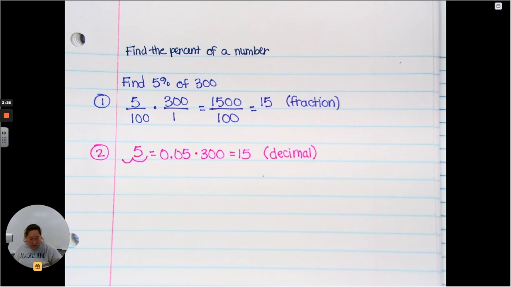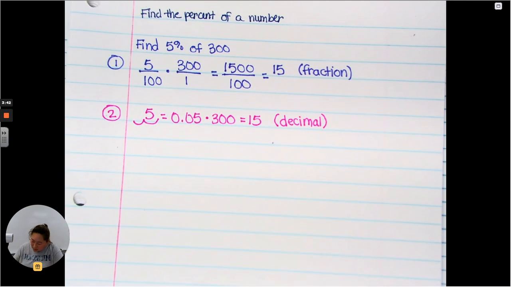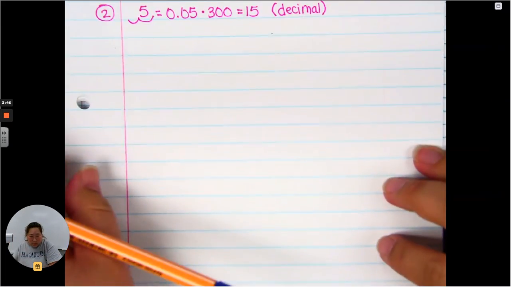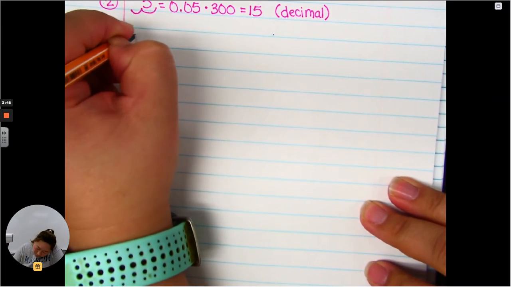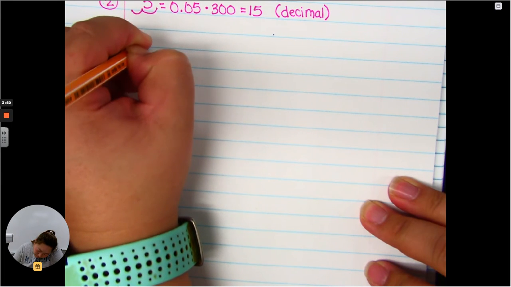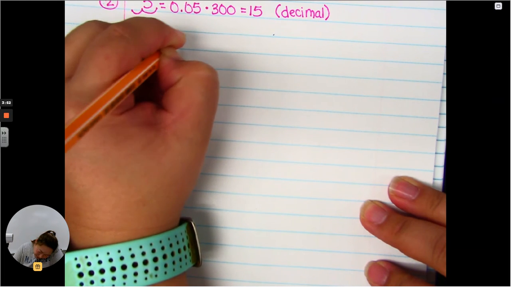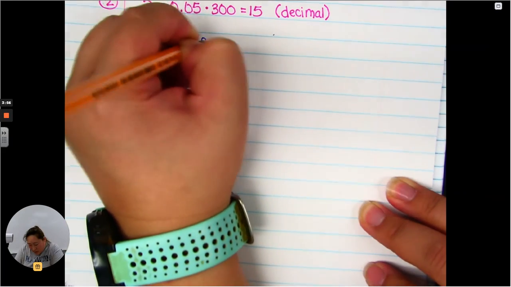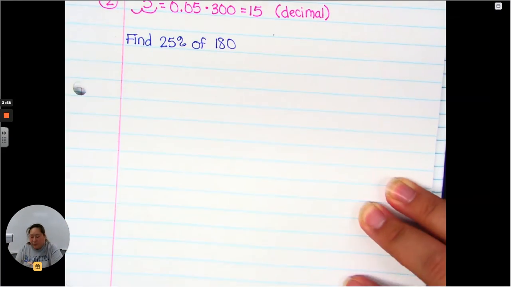Okay, let's try another one. So this one says find 25% of 180.